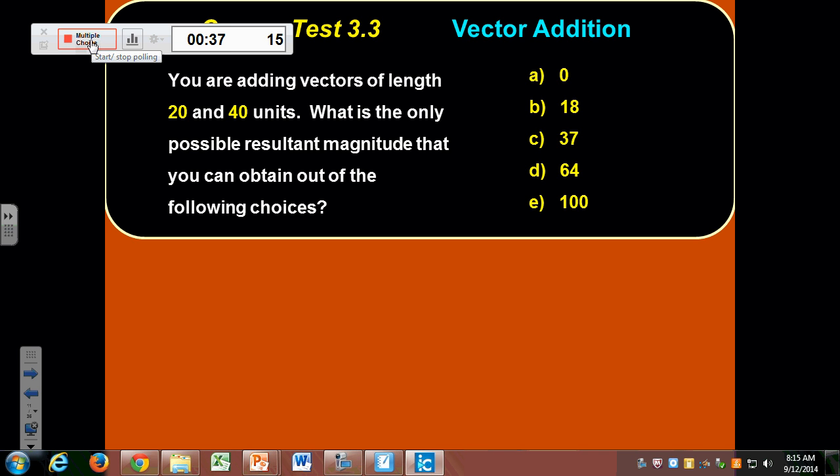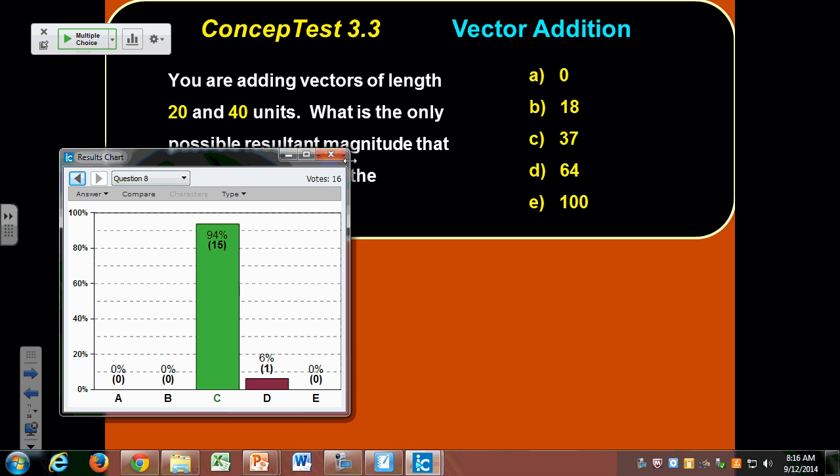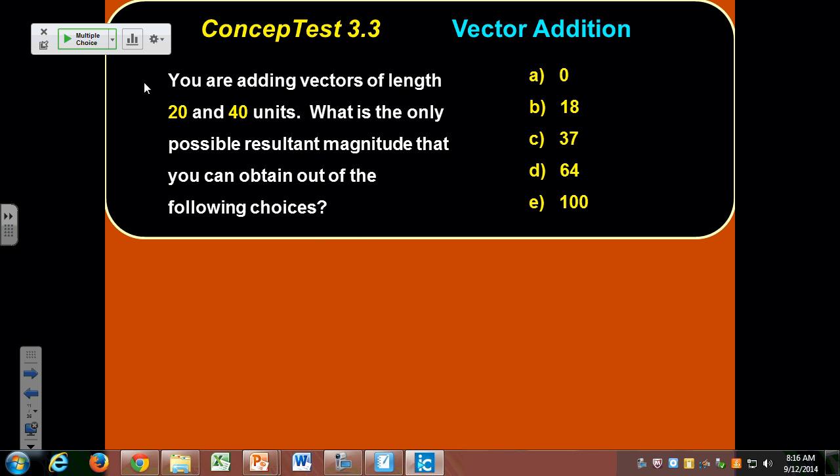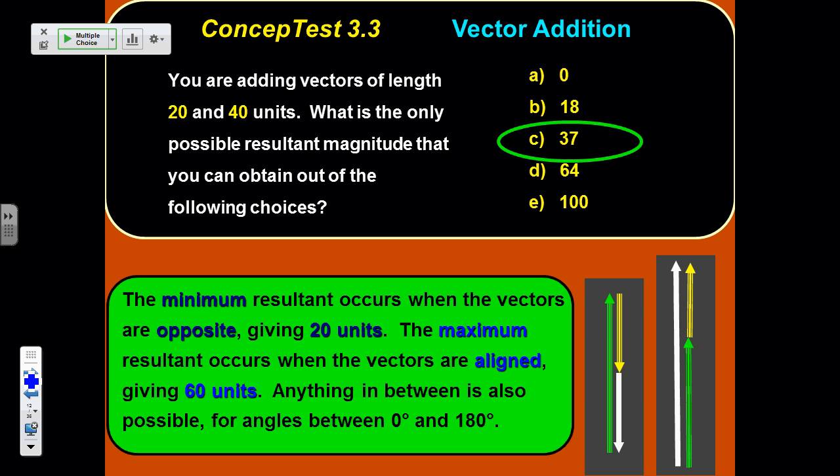Just a few more seconds. I'll stop at 40. C is right. We had that already. It's between 20 and 60, right? So if they're in the same direction at 60, if they're in opposite directions, the minimum is 20.